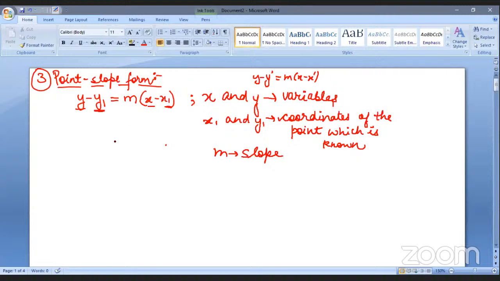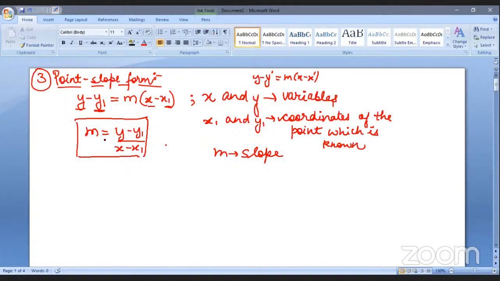So m is definitely the slope of a line. The slope of a line can be written as y minus y1 divided by x minus x1. If we are given the slope and we know this value, then we can get the equation of the line.